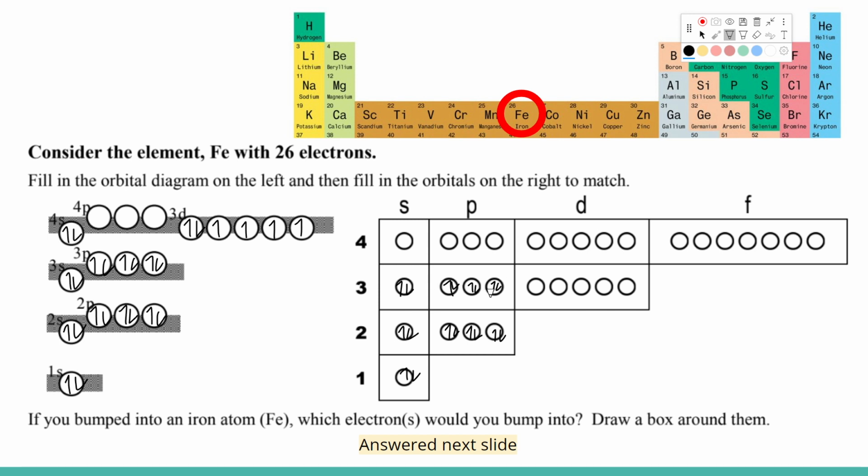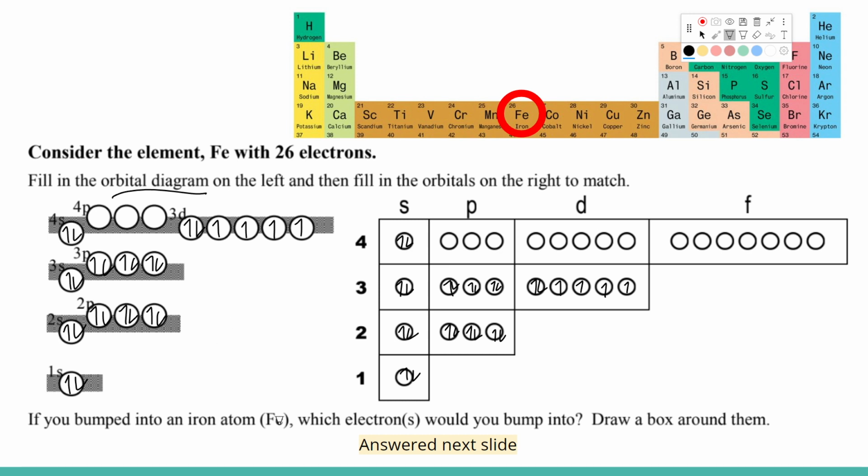Now notice I filled out the 4s first before I went to the 3d. Because again, the cost of 4s is cheaper than 3d. So that's why you want to do the orbital diagram rather than the floor plan, because again, it's based off energy costs.